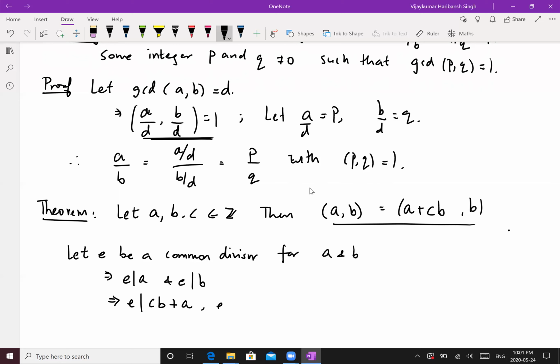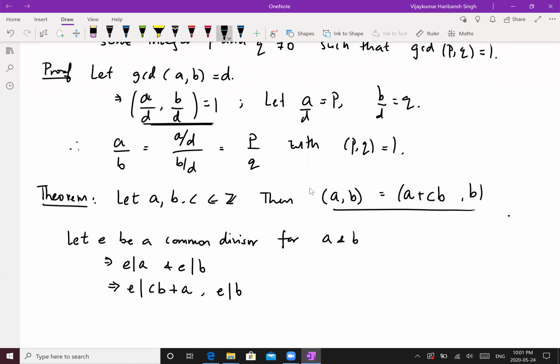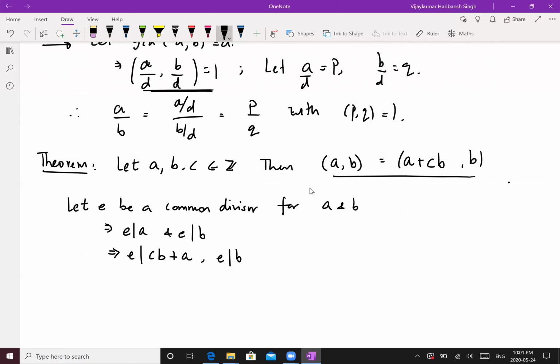And of course, E divides B. So we get 1.